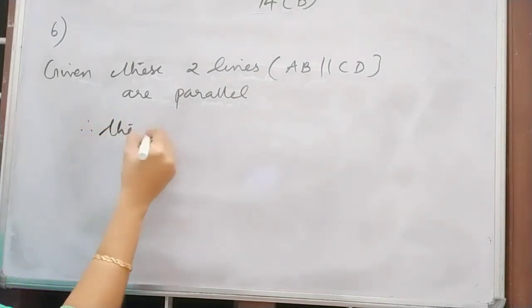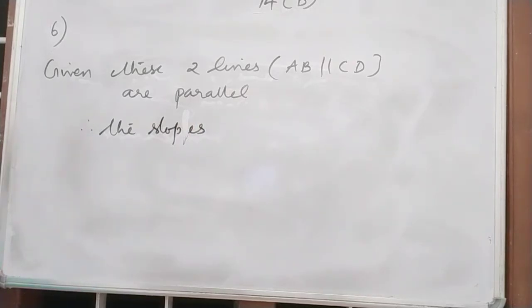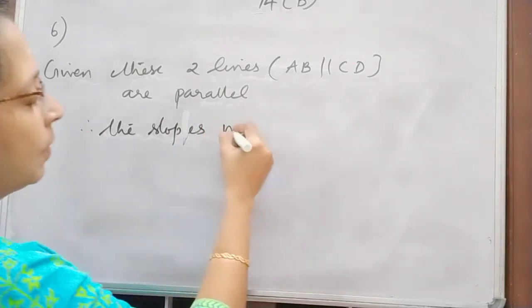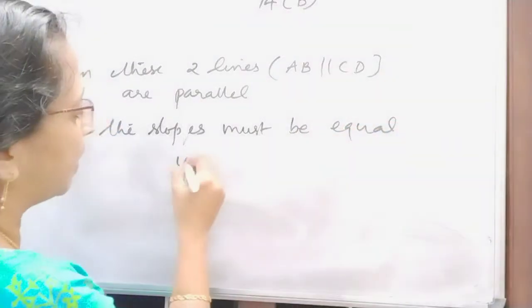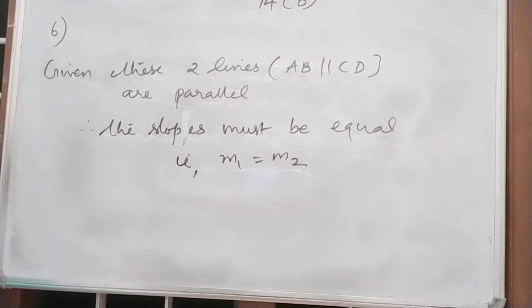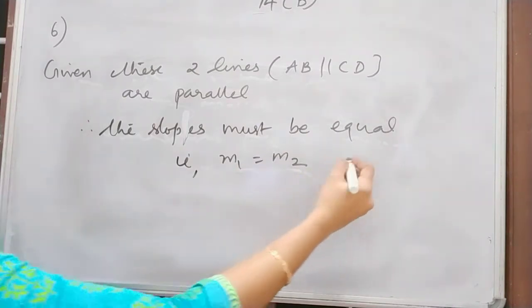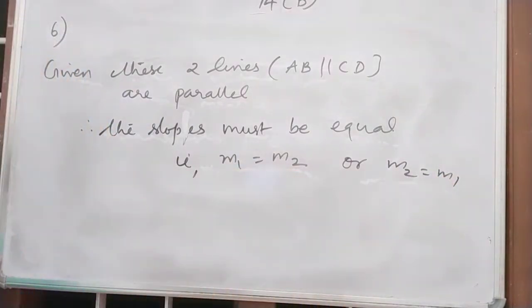Therefore, the slopes must be equal. That means M1 will be equal to M2. So M1 we have what? Or we can write M2 is equal to M1. Anyway, M1 will be equal to M2.